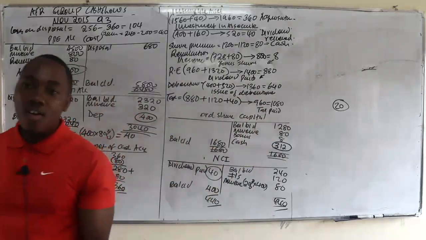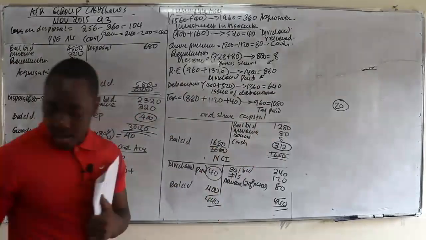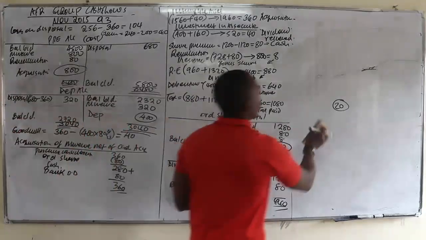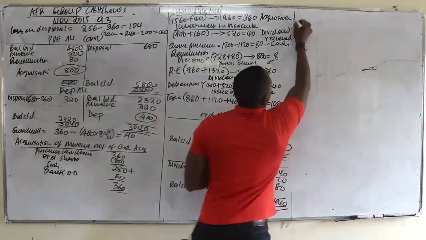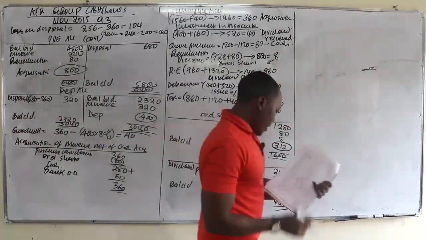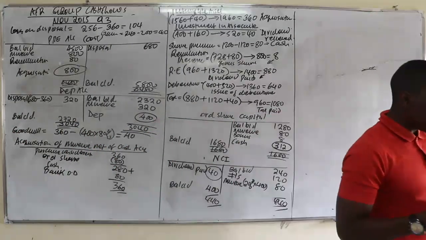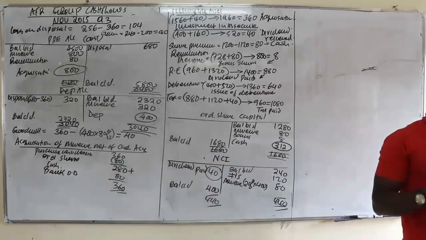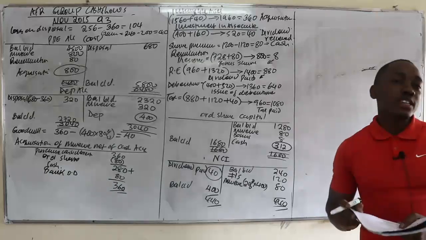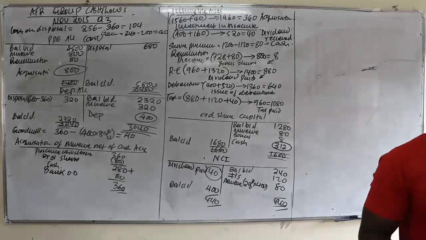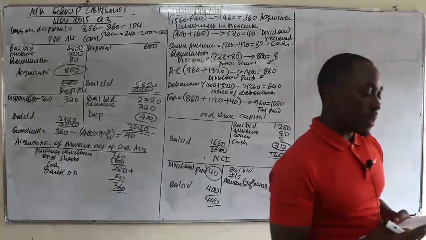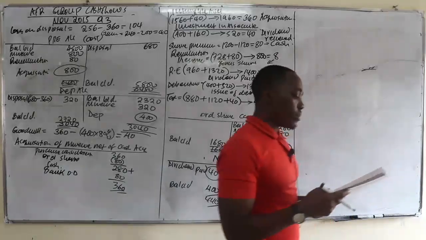Are you through now? Yes. So when you are through, we prepare what? The cash flow statement. Let's go to the required: the group statement of cash flow using the indirect method. Sometimes they are specific. In case they are not specific, use what? Indirect. For the year ended 1st October 2015 in conformity with the requirement of IAS 7.